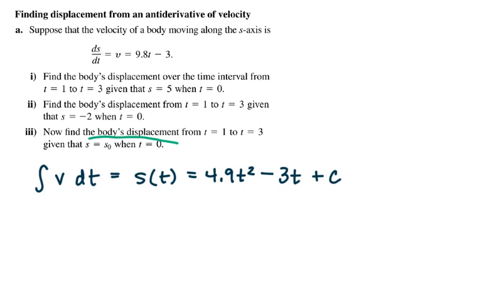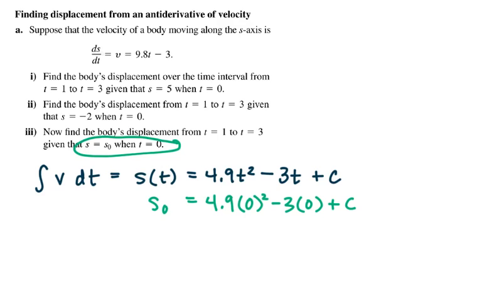So using this initial value condition, we can say that s of t, my output at t equals 0, is s sub 0 or s naught. 4.9 times 0 squared minus 3 times 0 plus c. So simplifying that, we get that s sub 0 equals c.